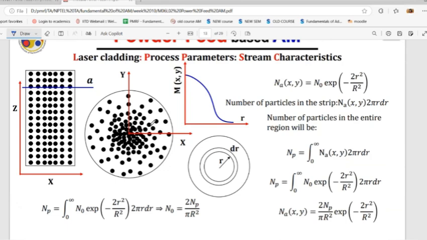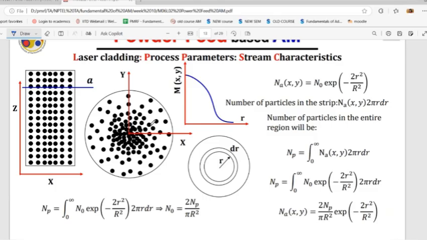This is showing that when I told you that the laser will be a Gaussian beam, the laser will have the Gaussian profile. Other than the laser, the powder which is coming will also have the Gaussian nature.